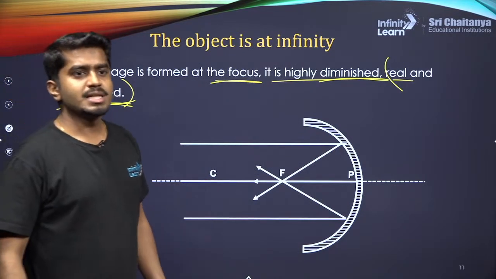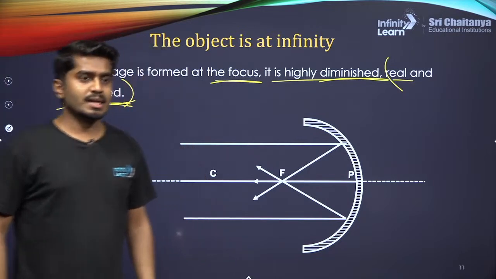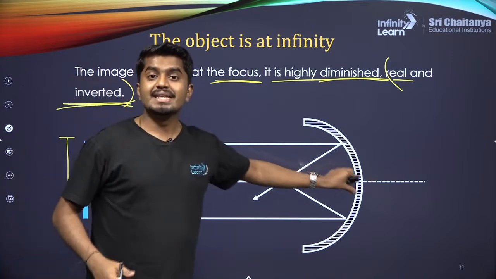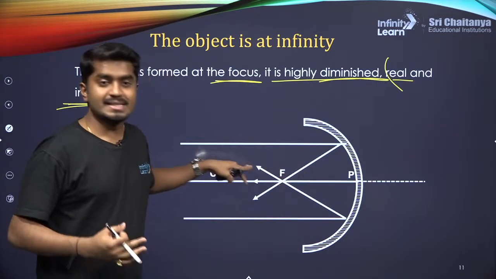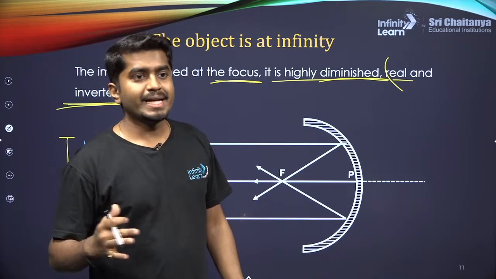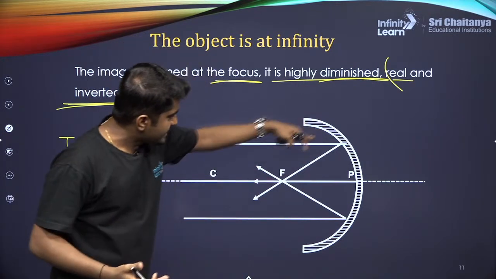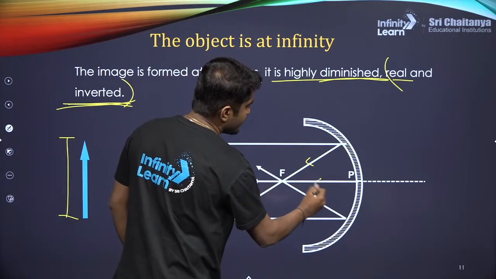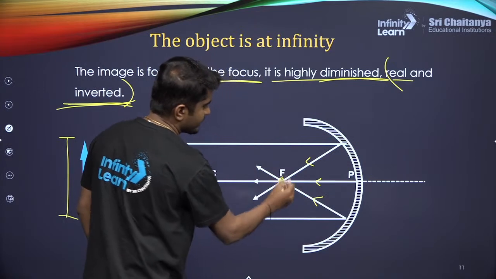What are the assumptions we are making in the curved mirror? There is one simple assumption, that the incident rays are near to the principal axis. That is the only assumption we are making. Real image means the rays actually meet at this point.